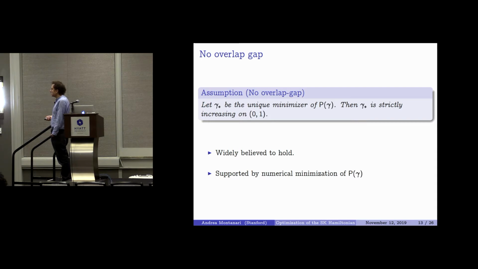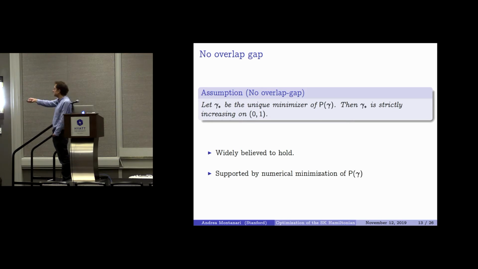Okay, so what is the no overlap gap assumption? It is that if you take the unique minimizer of P of gamma, it's known to be unique because P of gamma is known to be strictly convex, then gamma star, this minimizer, is strictly increasing in [0,1]. This is a question in analysis.